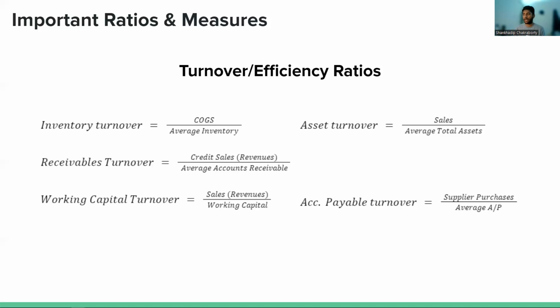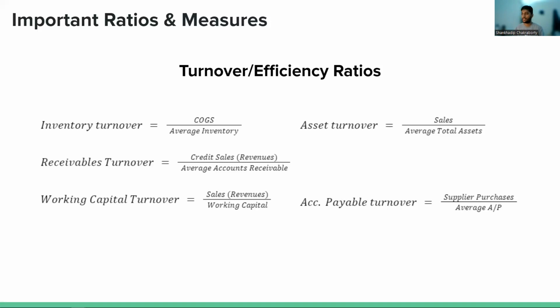So you divide that by accounts receivable, because once again, accounts receivable is driven by sales. The more sales you have, the more likely you are to have more accounts receivable. If I sell $100 worth of goods, I might get a little bit of accounts receivable. If I sell $1 million worth of goods, there are going to be more people that don't pay on time as if I sold 100. So there's going to be more accounts receivable. That's why you do sales over AR for receivables turnover.